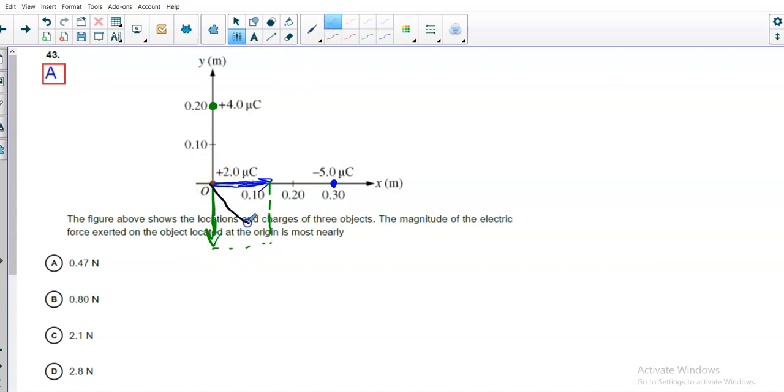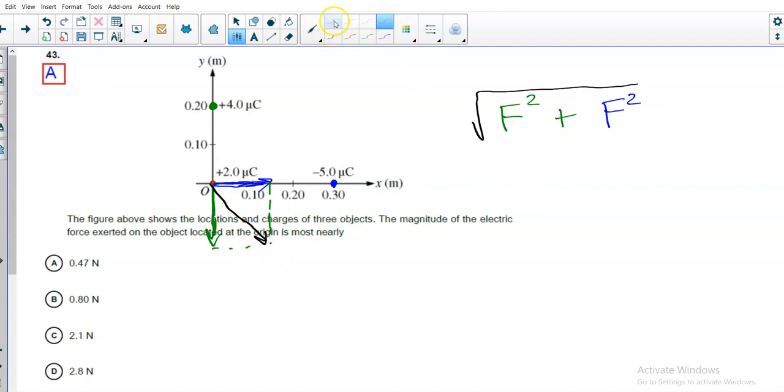So what we need to do is find the magnitude of the blue force, the magnitude of the green, and then add them using Pythagorean theorem. So combine them as vectors. We're going to find the green force squared plus the blue force squared and then take the square root, and that will be the magnitude we're looking for.